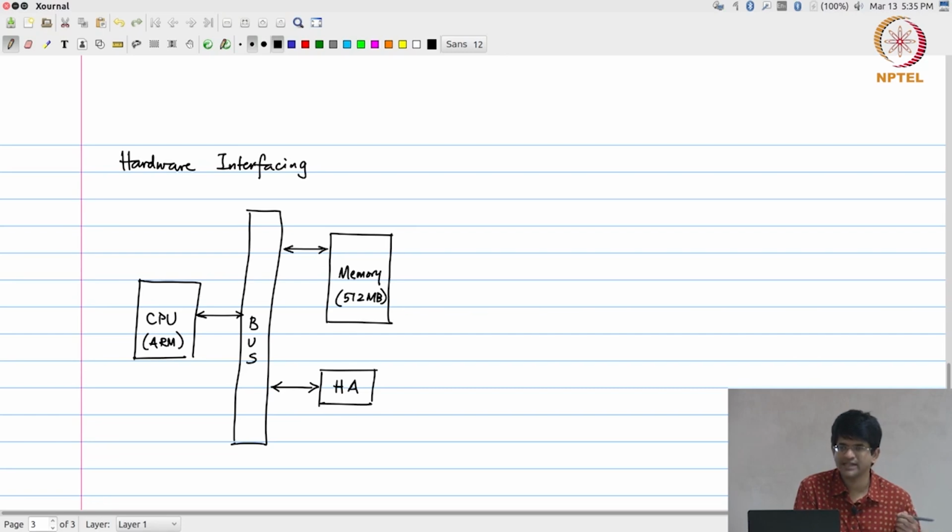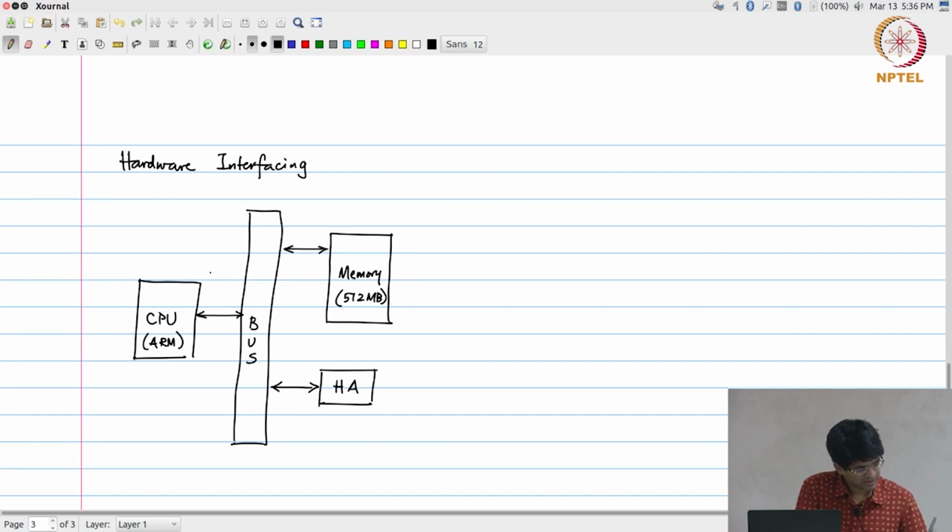Let us say that I want to read something from a memory location. What would I do? I have an address bus and some kind of a write enable or read enable signal. If I want to read something from memory, I would put the pointer value, the address from which I want to read, onto the address bus and activate the chip enable signal.